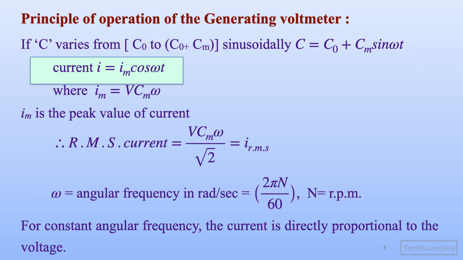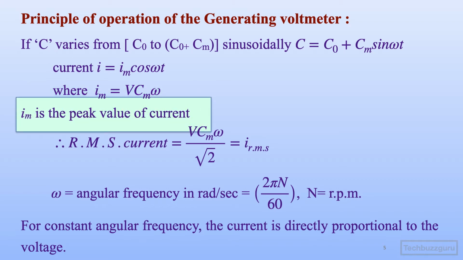Since I is equal to V dC by dt, on substituting C, which is a sinusoidal term, we get current equal to Im cos omega t after taking the derivative of capacitance, where Im represents the maximum value of current that results due to sinusoidal variation of capacitance with respect to time. Im is the peak value of current.